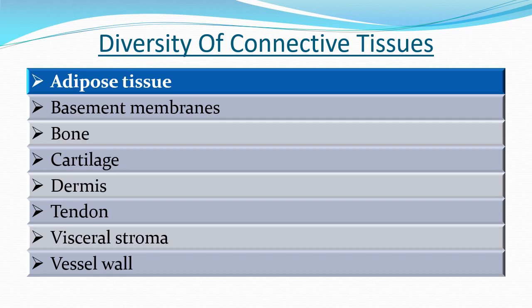You will see here that the connective tissue is present in the adipose tissue, the basement membrane, the bone, the cartilage, the dermis or the skin, the tendon, the viscera, and the vessel wall.